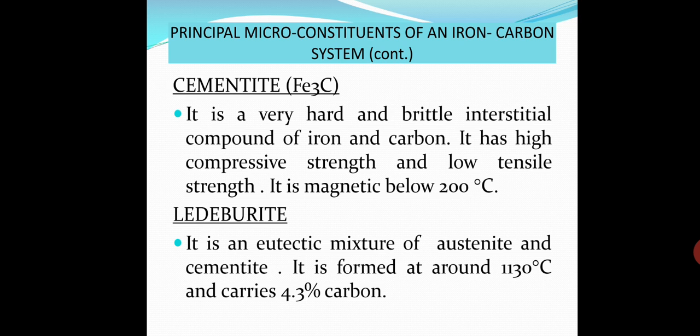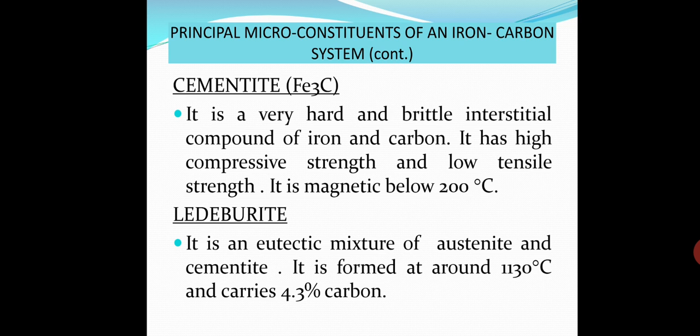Next microconstituent is ledeburite. It is a eutectic mixture of austenite and cementite. It is formed at around 1130 degrees centigrade and carries 4.3% carbon.